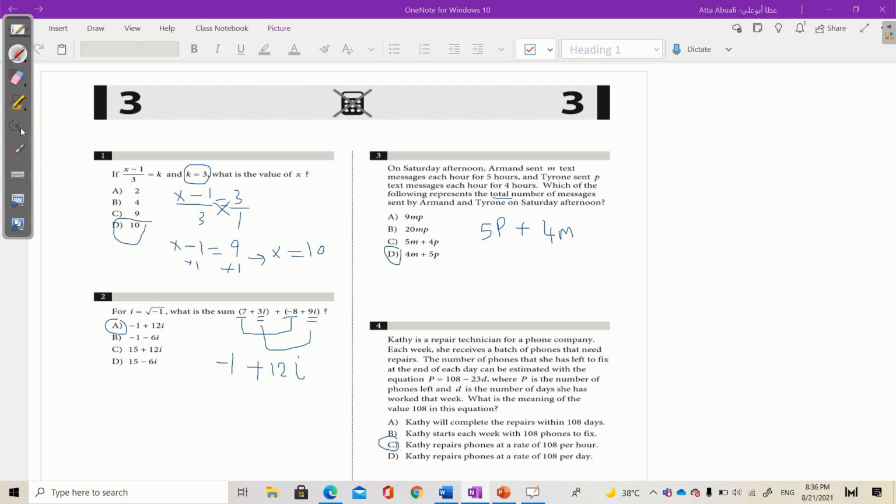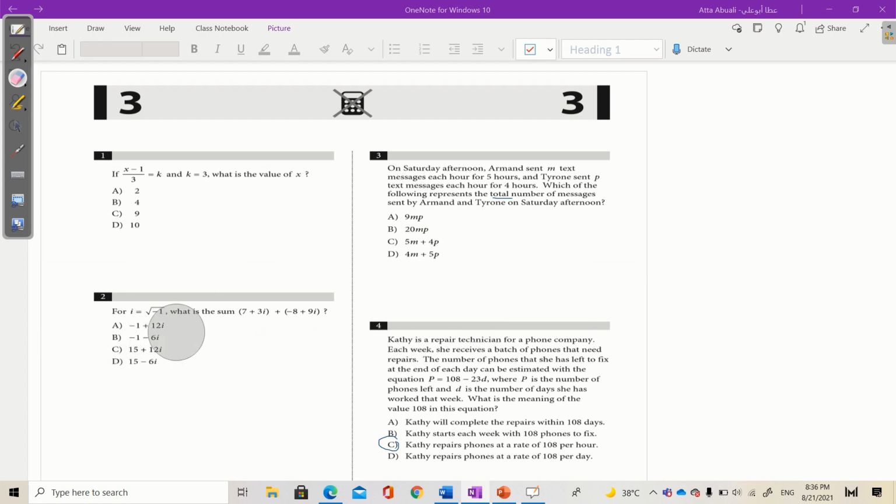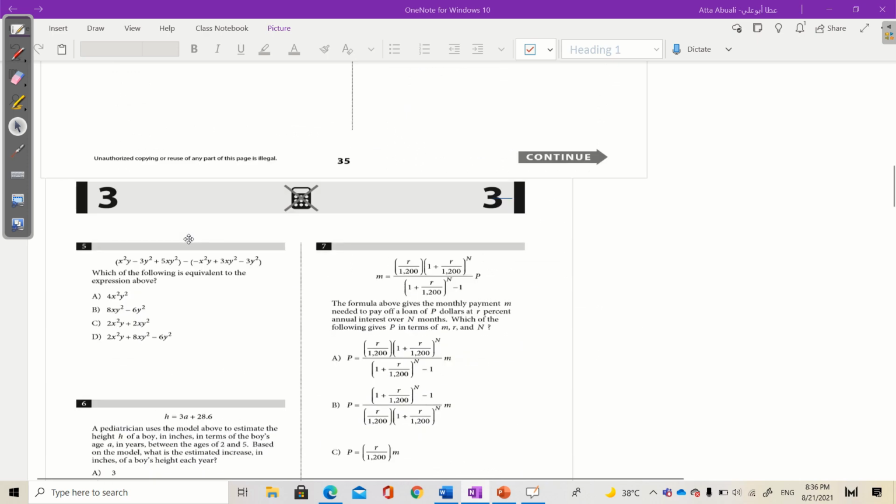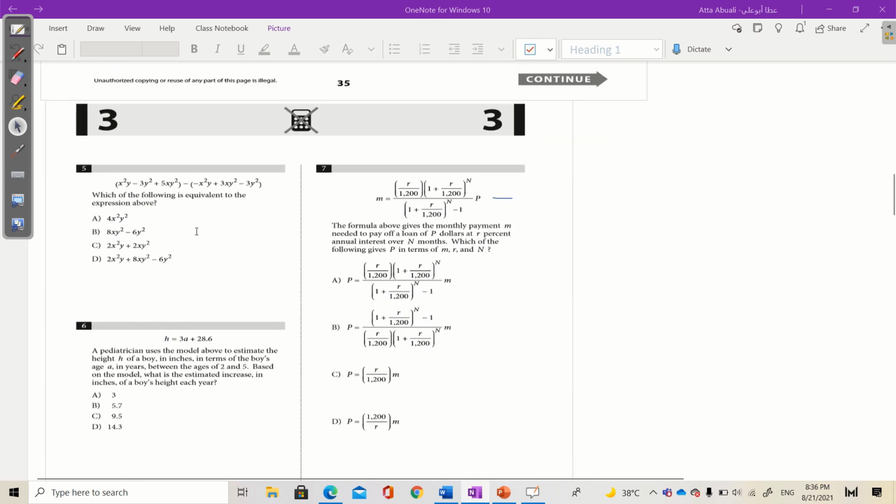Okay, let me finish. I have to erase this. If we come in here to solve question 5: x^2y - 3y^2 + 5xy^2 - (-x^2y + 3xy^2 - 3y^2).